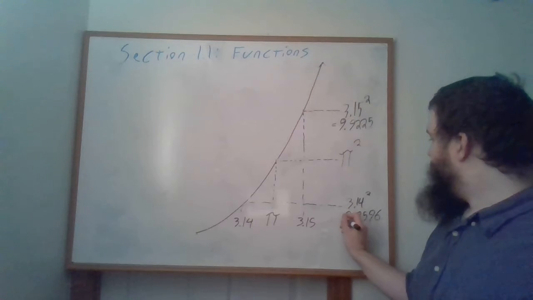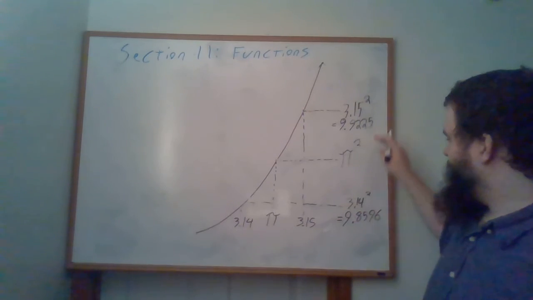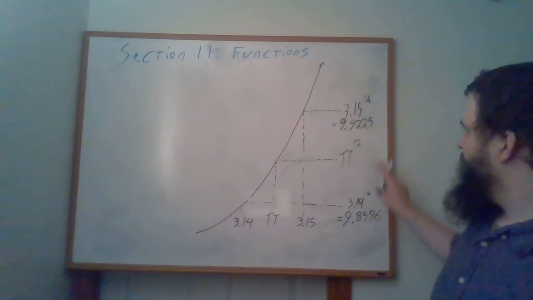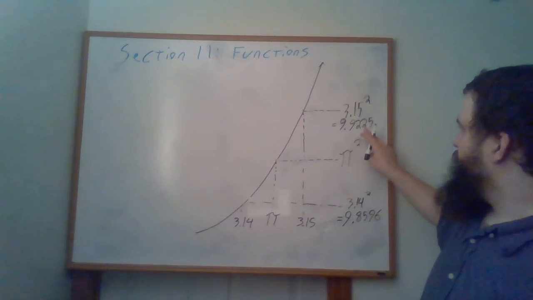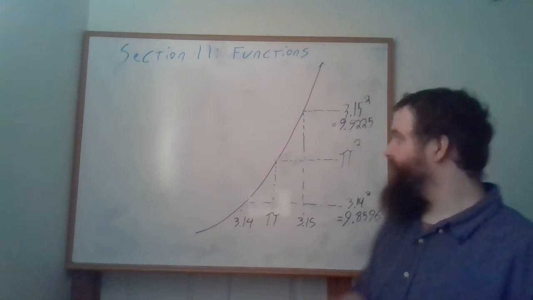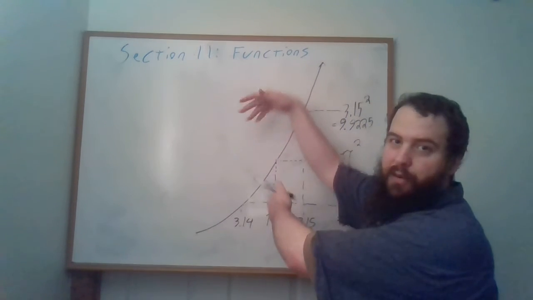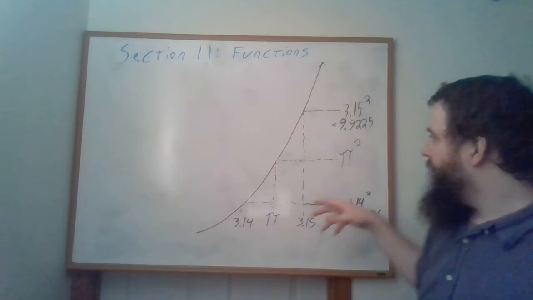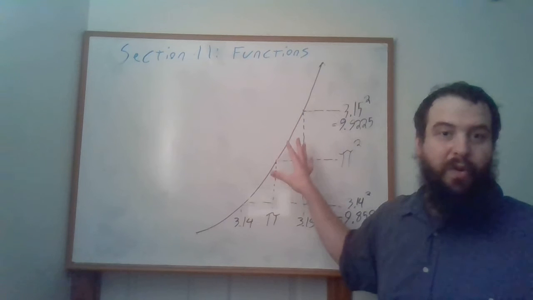And what that tells us is that pi squared is somewhere between 9.8596 and 9.9225. And again, that's something that we figured out because the graph is nice, right? If the graph was horribly broken up into lots of different pieces that went all over the place, this wouldn't work out that nicely.